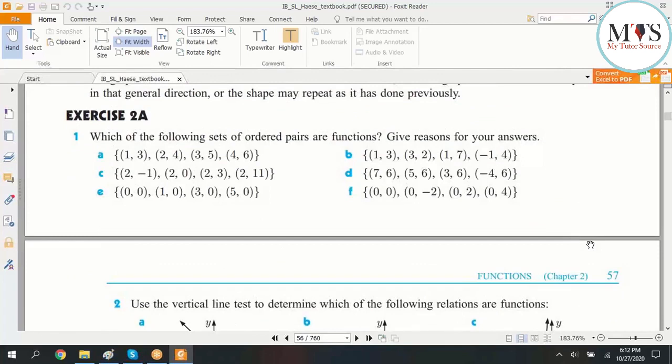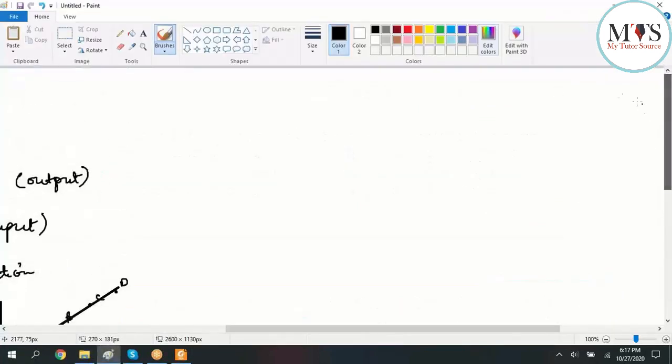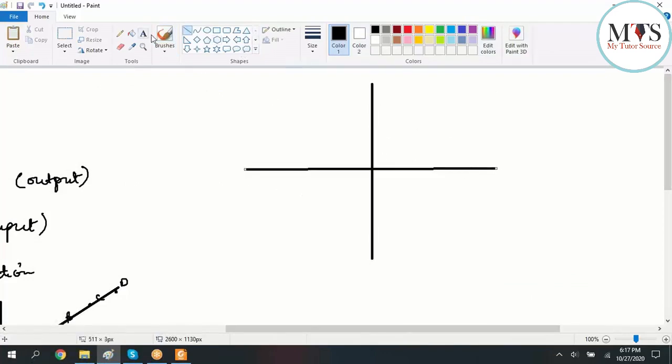So now, which of the following sets of ordered pairs are functions? Let's draw the axis first. Now they're asking us to prove whether a straight line will always be a function or not.